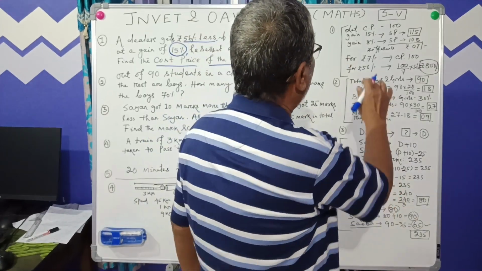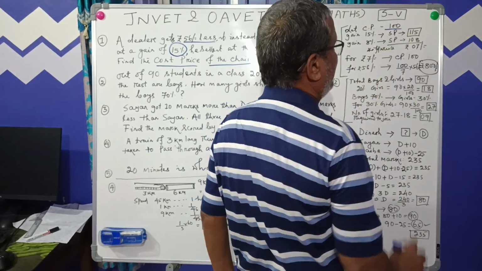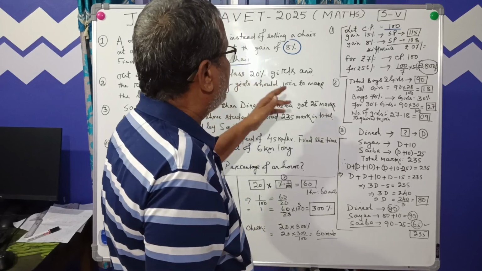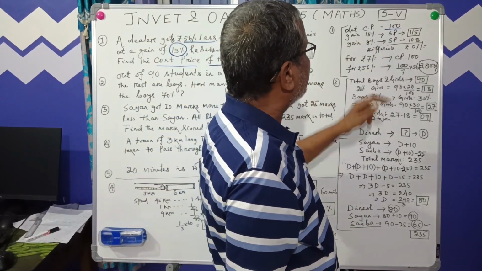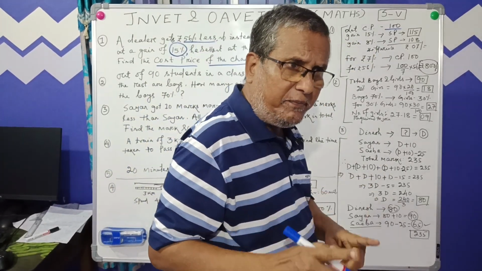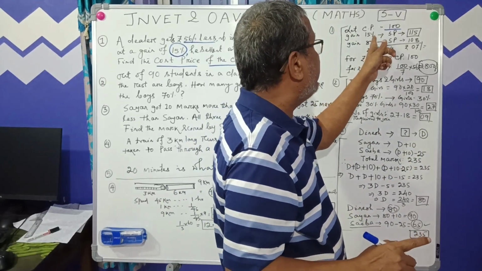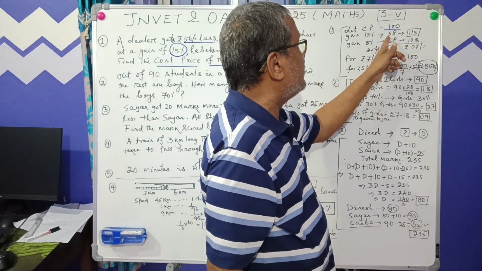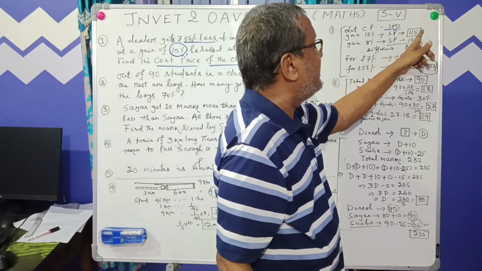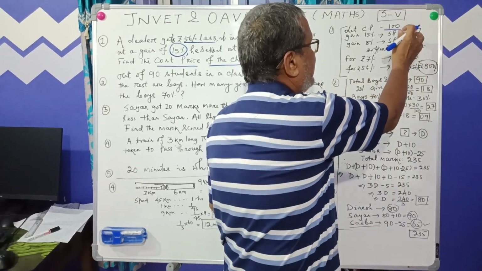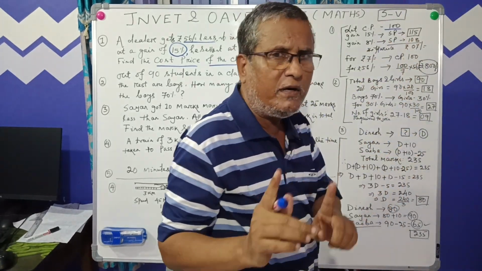Now you see, let the cost price be 100. If he had sold at the rate of 15% gain, the selling price would have been 115. So 15 rupees more for 100.